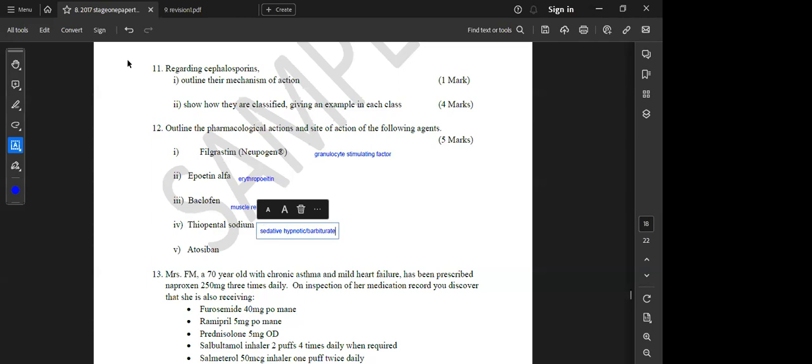And atosiban. Is it short acting or long acting? Short, yeah. And the last one is an inhibitor for oxytocin and vasopressin. It's ultra short, yeah, sorry.